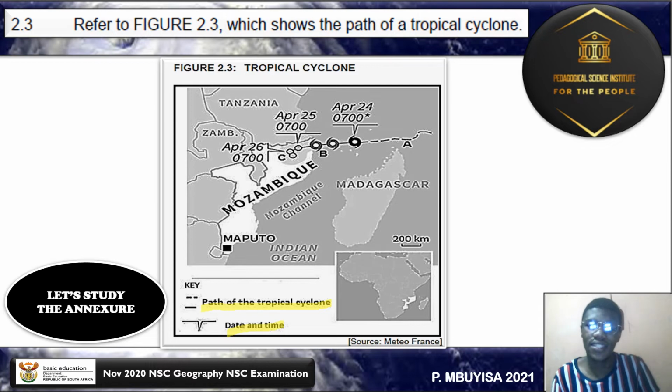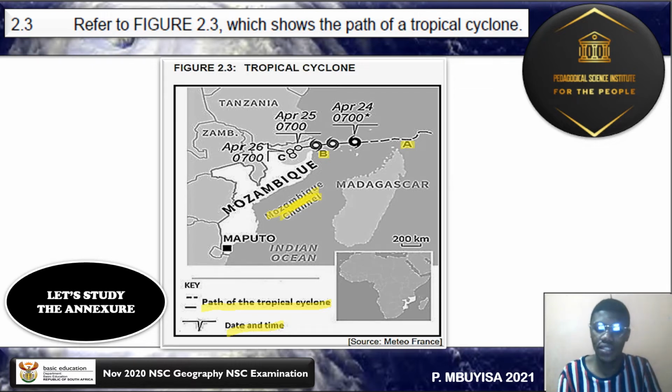We see that this cyclone moves from A to B, and at different dates is found at different locations. Also take note of that. You see that it is going towards Mozambique, on the Mozambique channel, as they say there. That's our tropical cyclone.